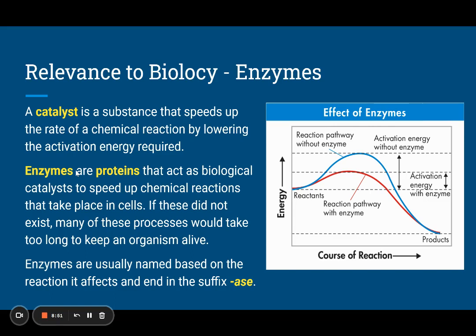If we did not have enzymes to help speed up these processes, things like digestion or breaking down different chemical compounds that our body needs to carry out processes like breathing, these processes would take way too long. And so the organism would not be able to survive. So if we did not have enzymes working the way that they're supposed to, organisms are not going to be successful and able to stay alive.